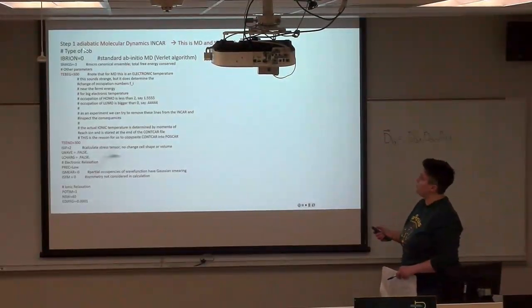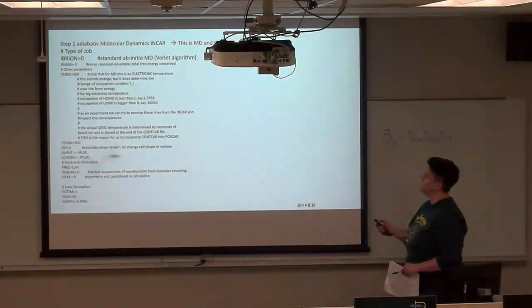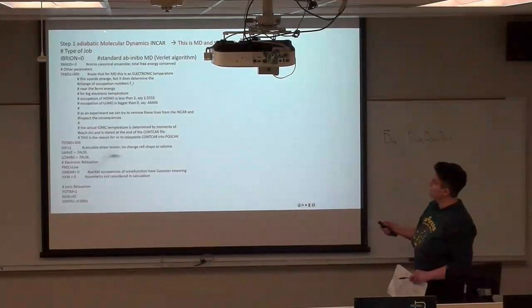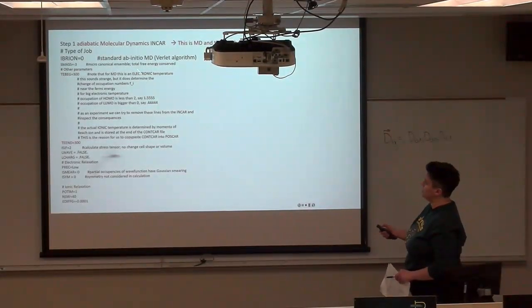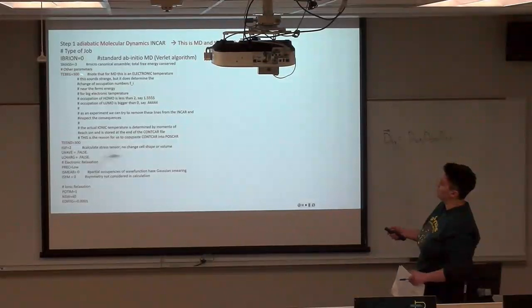So what we see here is our adiabatic molecular dynamics INCAR. So what that means is, well, it's molecular dynamics and it's thermal heating. So we have a lot of information here. This is just one format, it looks like. Some notes that a user made here about what they were doing. But what's most interesting is this TEBEG, temperature beginning, and TEEND, temperature end.